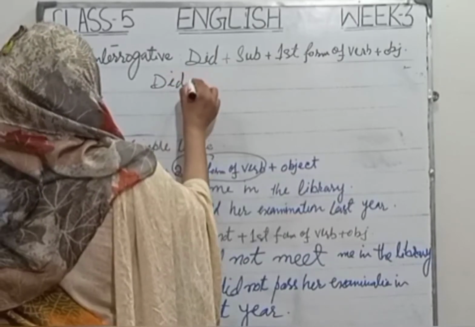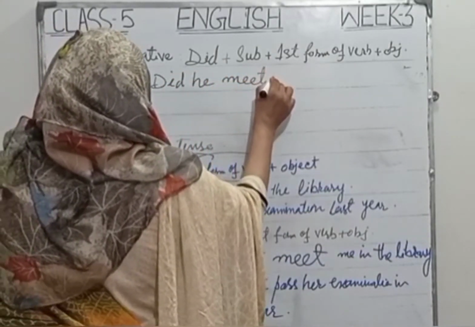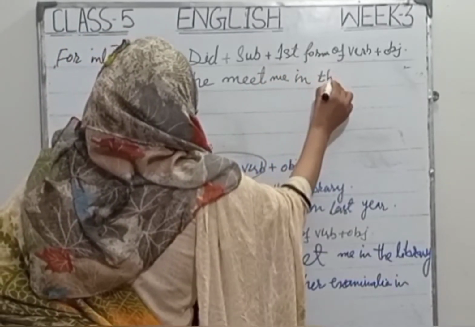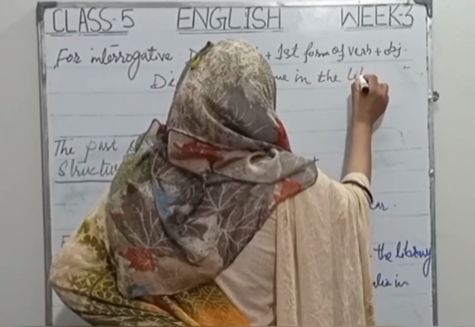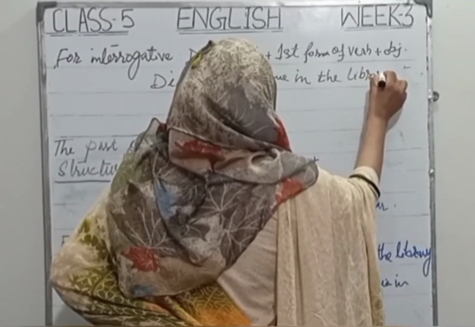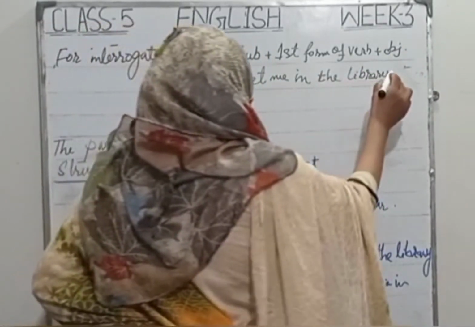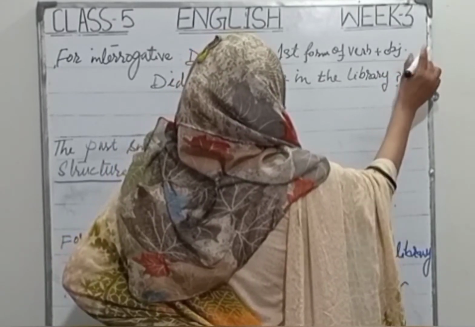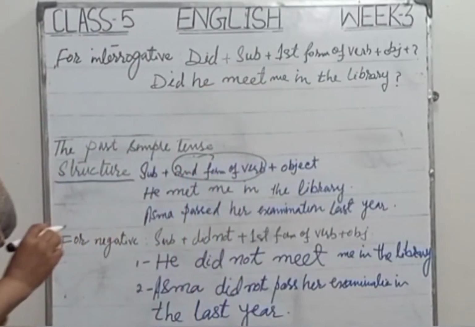Did he meet me in the library? And at the end of the sentence, you will put here the sign of interrogation. Did he meet me in the library?